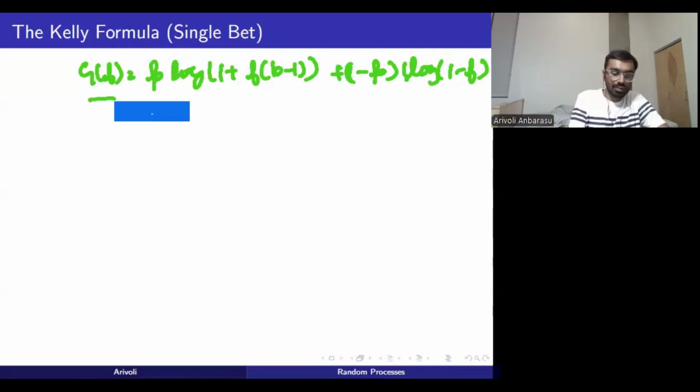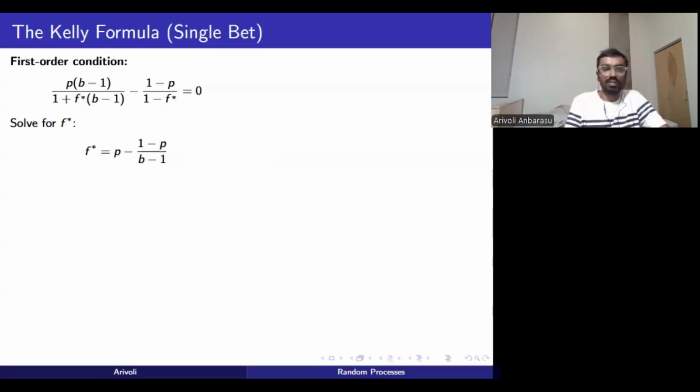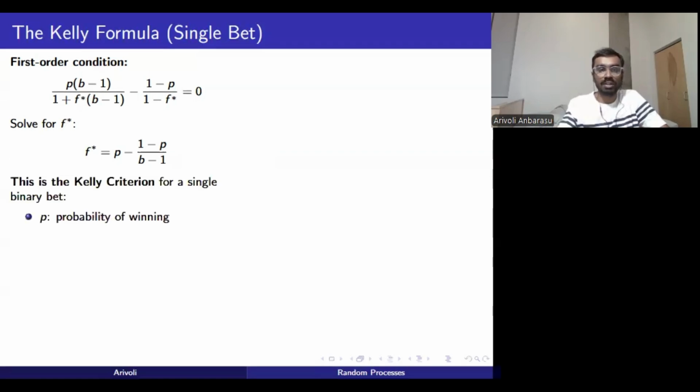Taking the first derivative, ∂g/∂f, and equating it to 0, we get... if we solve for f star, we get the extremum point, and we can verify that this extremum point is a maxima using the second derivative test. So we got the Kelly criterion for a single bet.